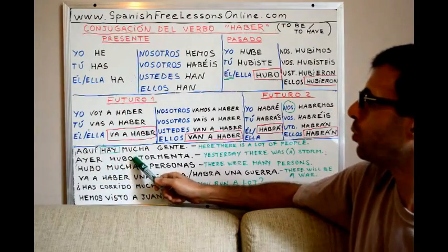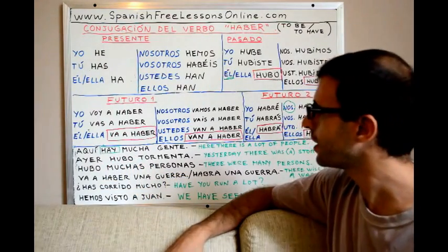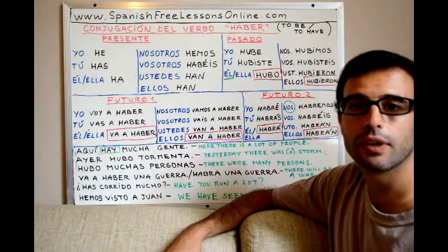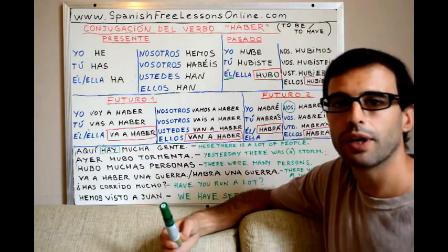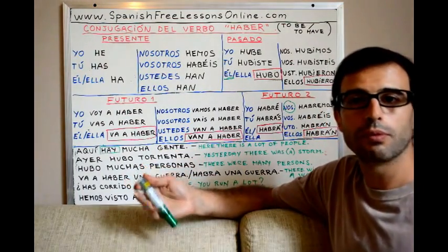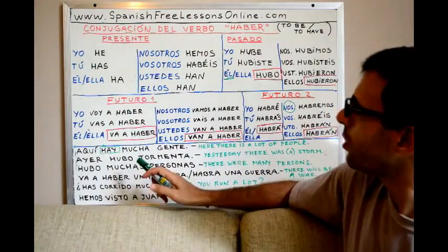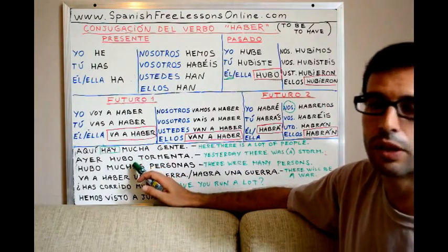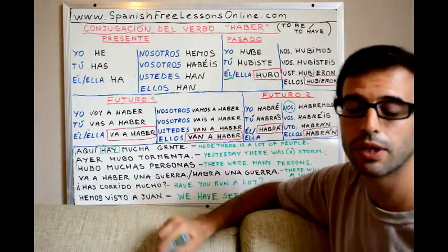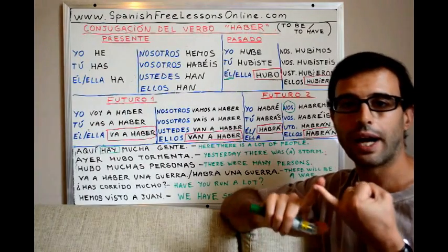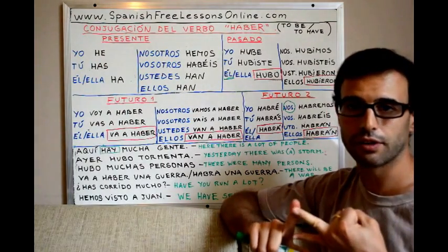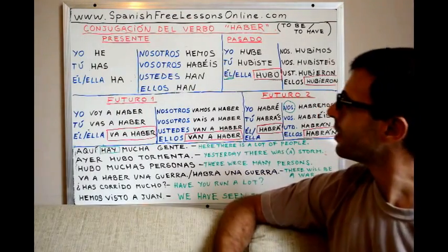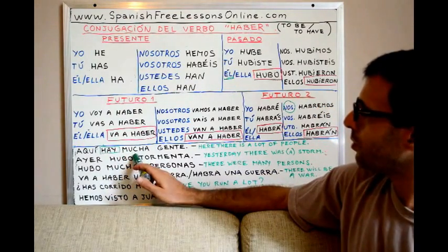Ayer hubo una tormenta. But we are talking about a storm in abstract, right? There simply was a storm. It was stormy. So we omit the article. And when I say we omit the article, I mean we don't use neither a definite article nor an indefinite article, right? As here, we totally omit the article.